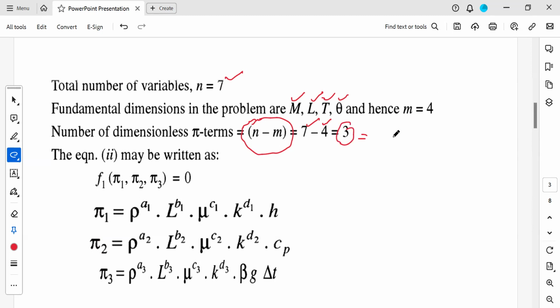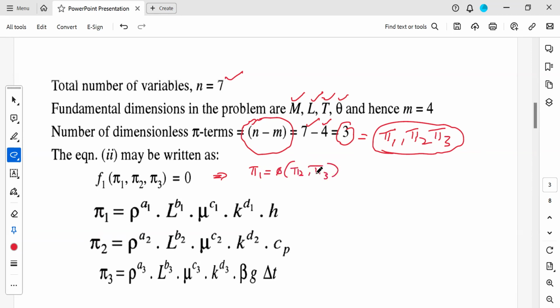These dimensionless terms are called pi terms. Three terms means pi 1, pi 2, and pi 3. So equation 1 will be transformed to pi 1 is a function of pi 2 comma pi 3.